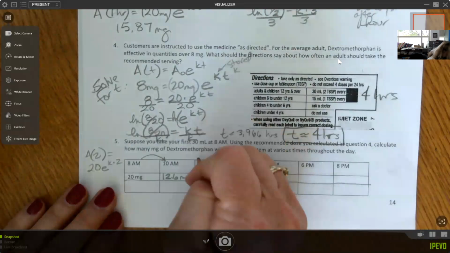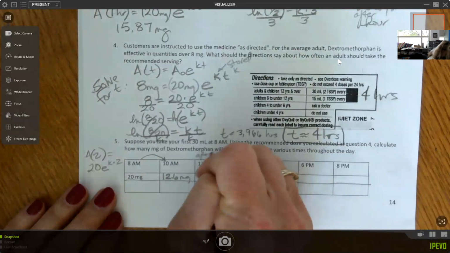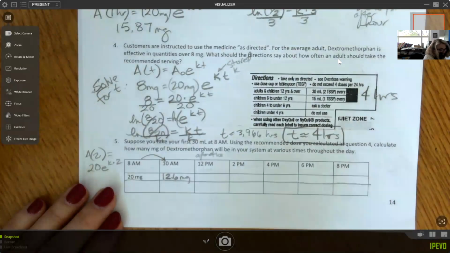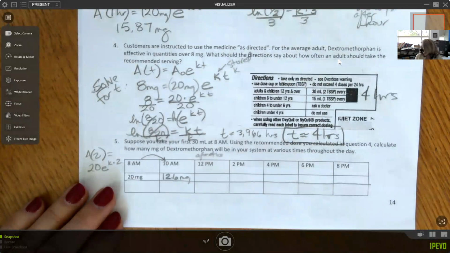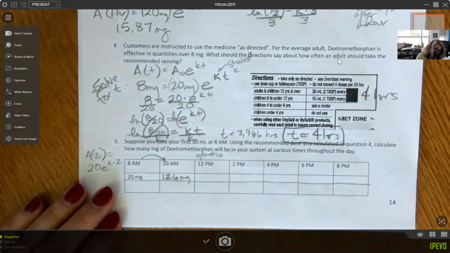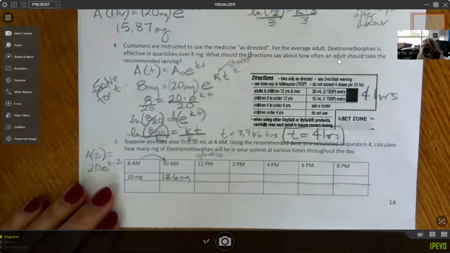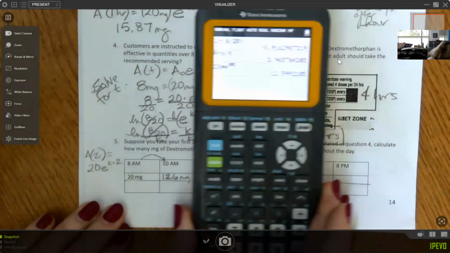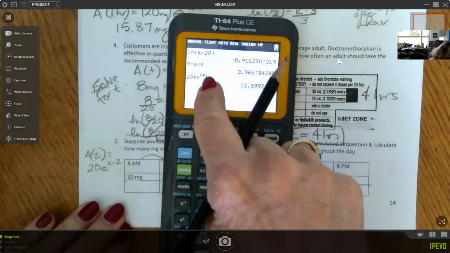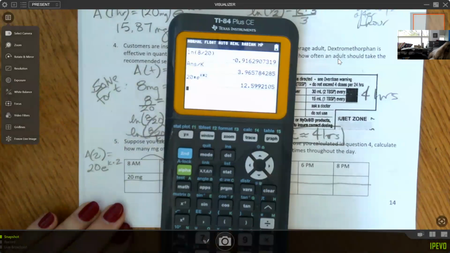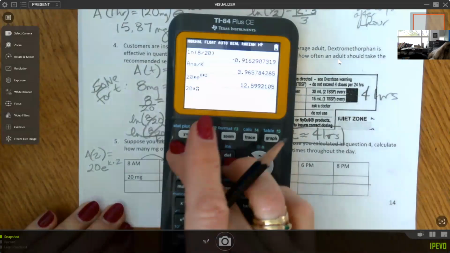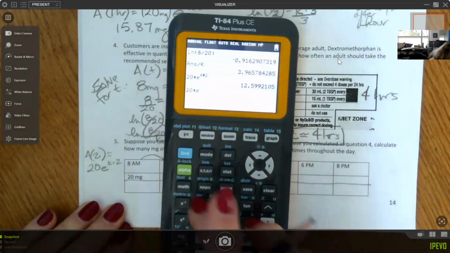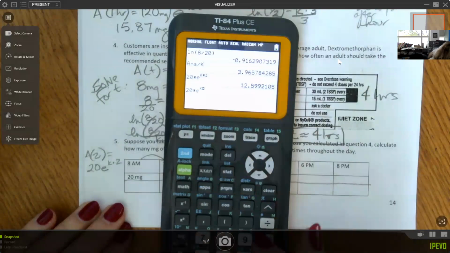So this is right after 4 hours after the initial dose. I know that it's going to be pretty close to 8, because that's how we just figured, but let's just put it in and see, because remember, it wasn't exactly 4, it was 3.96, but you were at 8. So let's do the same thing, but put in a time of 4. So I'm saying 20 times e to the stored k times 4.